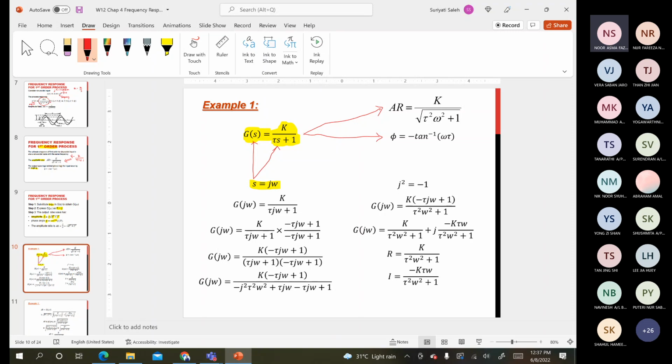This equation becomes G(JW) equal to K over tau JW plus 1. Based on this equation, we can see there is no S, because we want to represent it as a frequency. So the next step is we want to eliminate the J. J here represents the complex number.